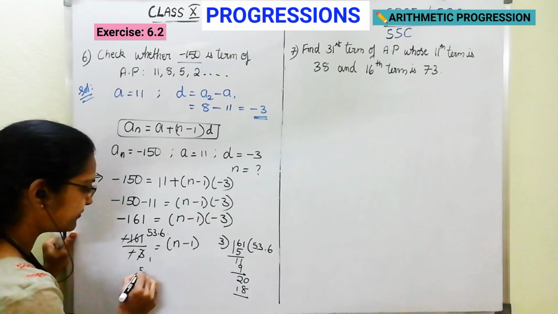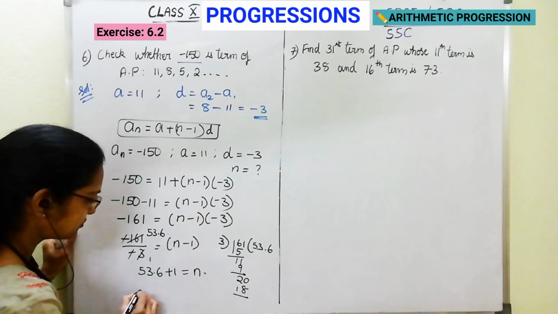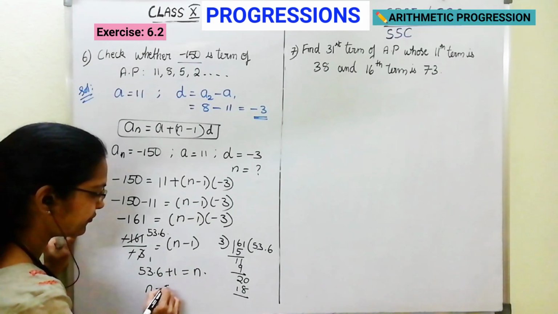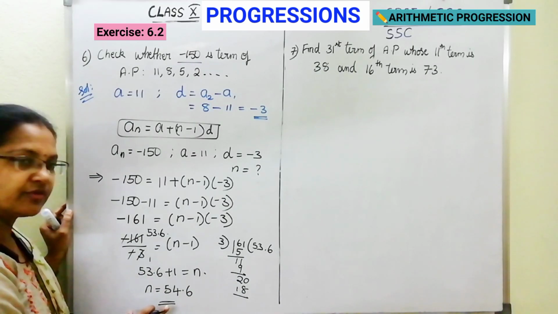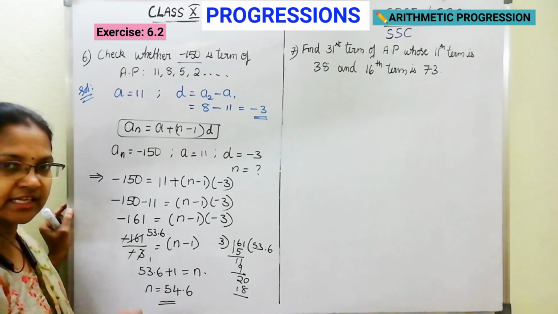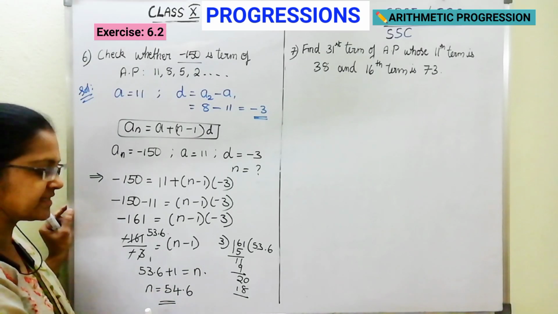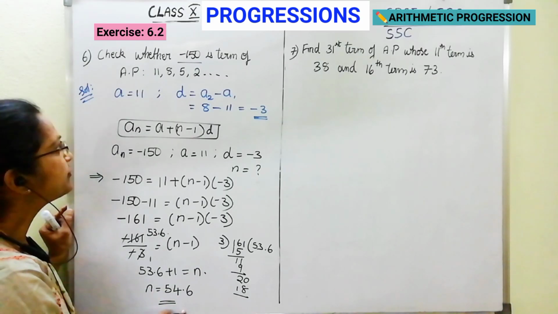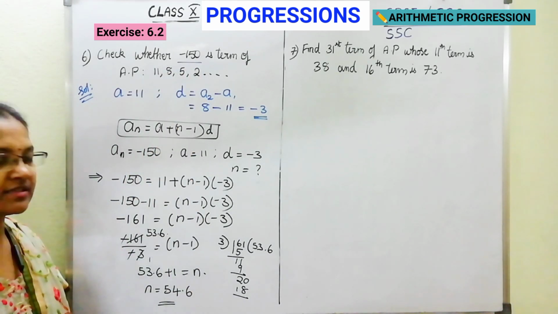Now 53.6 plus 1 is equal to n. Therefore, n is equal to 54.6. n will never be in decimal form, it is clearly an integer. So we can't accept this one. 54.6 is not at all a term. Therefore, we can conclude that minus 150 does not belong to this AP.